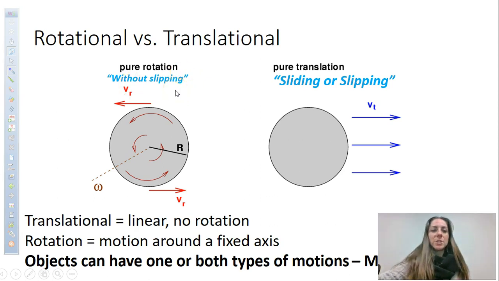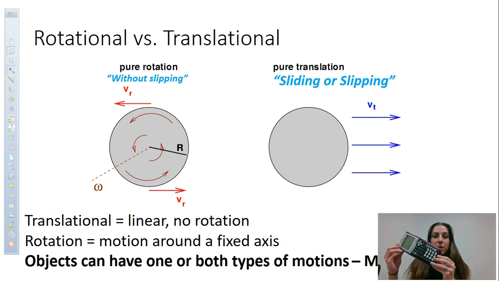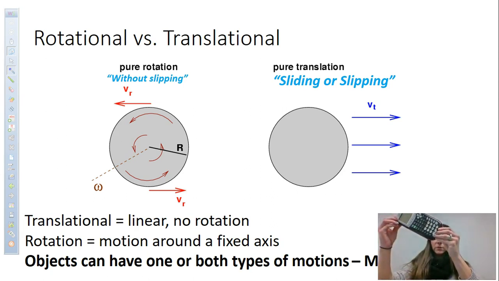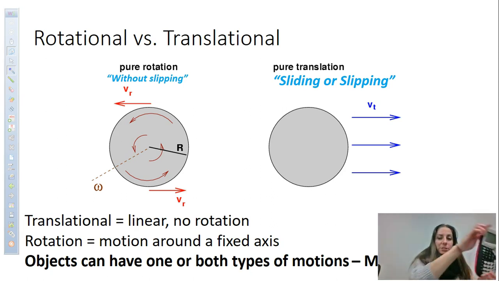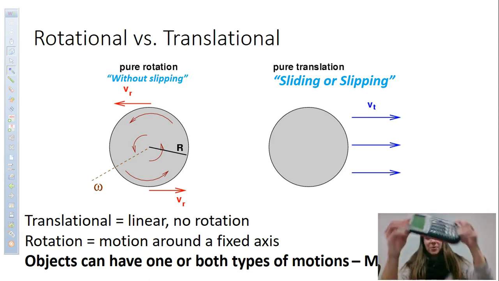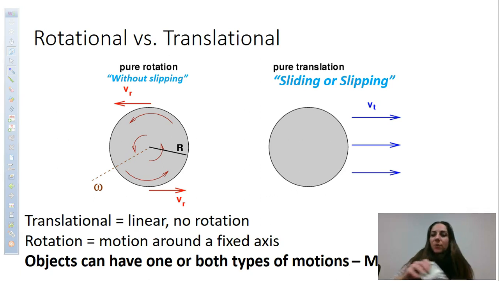If I took this object, which is not a circular object, and allowed it to go along an incline, it would fall straight down. This would be sliding or slipping. Now, rotating would be exactly what you might imagine. Of course, this is not the best example. I need a ball, actually. But we're not going to slip, which means it doesn't catch and slide, so it's only rotation.